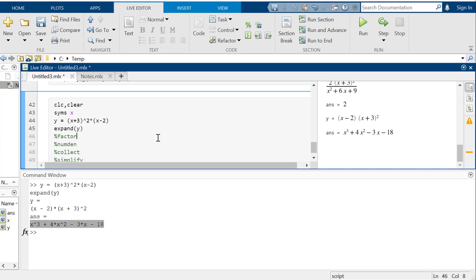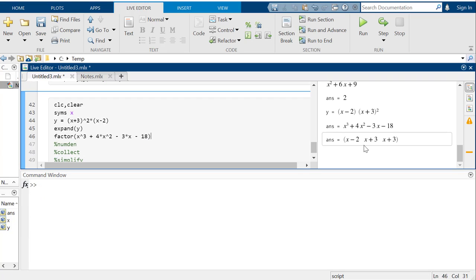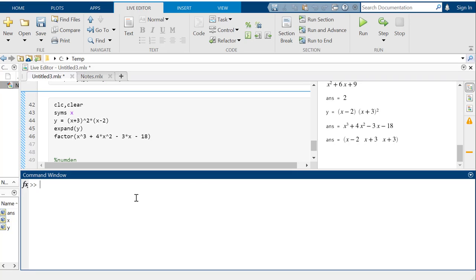But this will let me be lazy. So then I can say I want to factor that thing that I just expanded, and it'll give me the 3 factors. It's not factoring it in the traditional way, where it says y equals; it's just getting me the 3 factors. Something to remember: factor does something else.